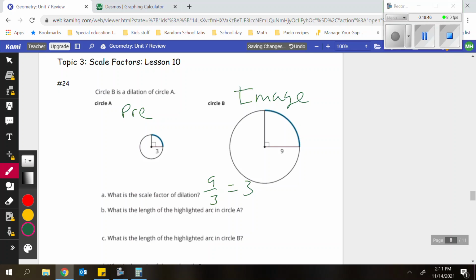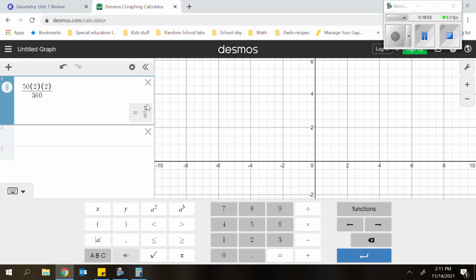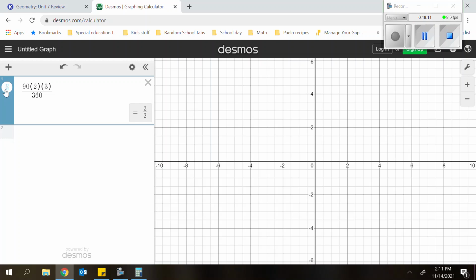What is the length of the arc highlighted in A? I can go 90 over 360 times 2 times pi times 3, which gives me 3 pi over 2. I'll double check that: 90 times 2 times 3 divided by 360. Hit that fraction.